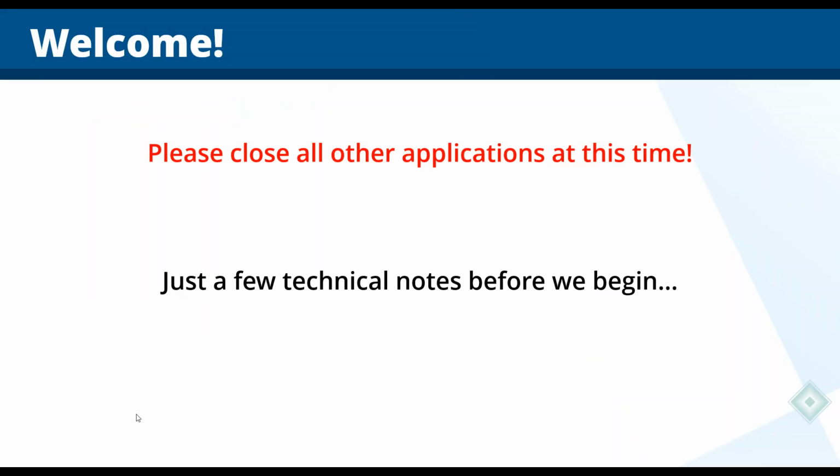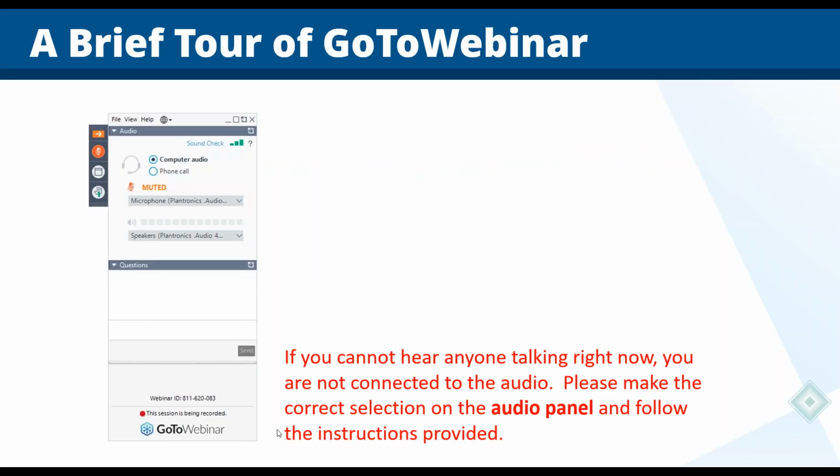A few technical notes before we begin, and then I'll get to our PowerPoint. At this time, minimize all other applications so that you can see and hear our presentation today. This will also be an interactive session. We'll ask questions throughout, so we'll test that out. Currently, you should have a gray menu on your screen, and somewhere on that you will see the audio control panel, which usually defaults to being open when you log in to GoToWebinar.